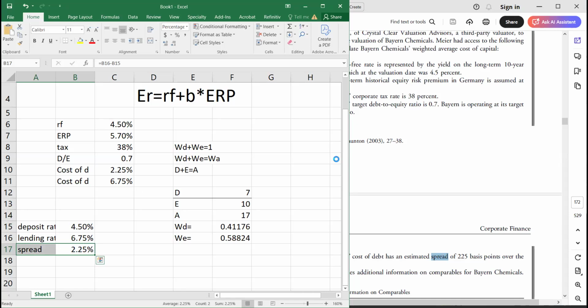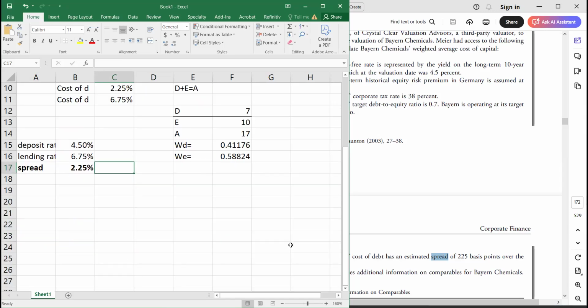Now, all information is given here, but the only thing that we are not given is the beta. And to find the beta for the private company, we need to use comparables, the companies that are available. We need to get information for a similar company, similar industry, preferably from the same region.